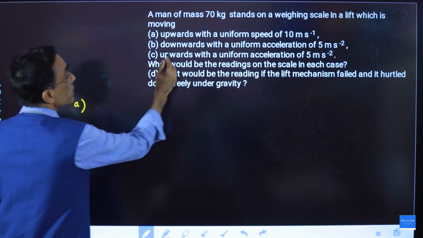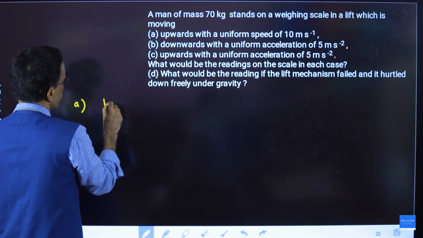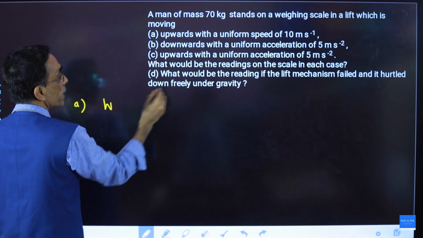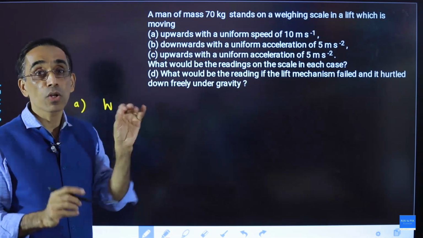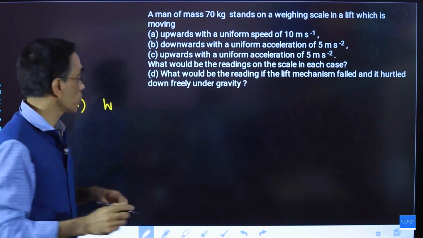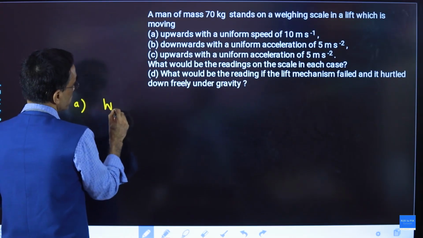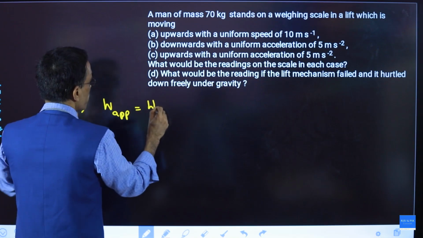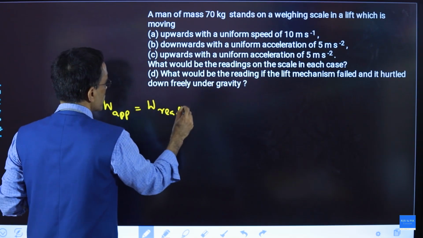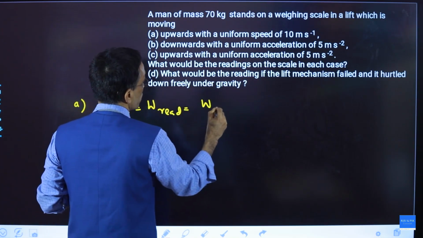Answer A, it is in uniform speed, so actual weight, apparent weight, the reading of the machine. I say the weighing scale will not read weight, it will read only mass. Okay. So, in the first case, W apparent or the W read by the device equal to W actual.